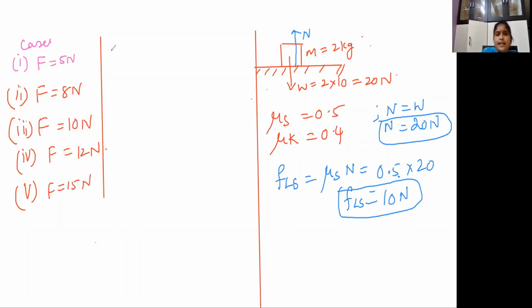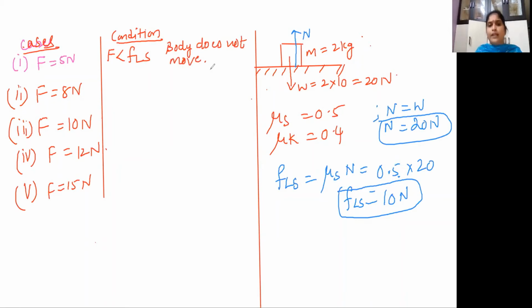Now see here, I am checking the condition. The applied force is less than the limiting static friction. Then the body does not move, so it will experience static friction. Body does not move, so the net force is 0.